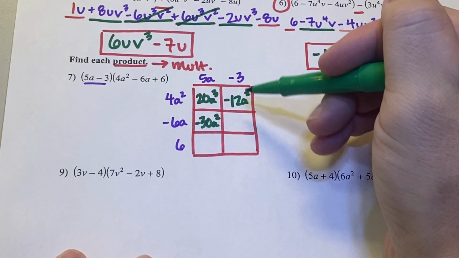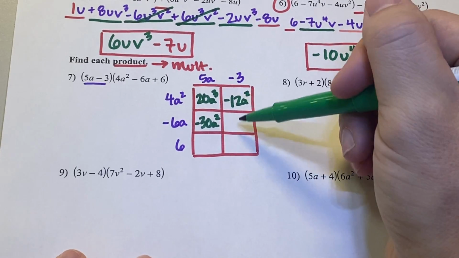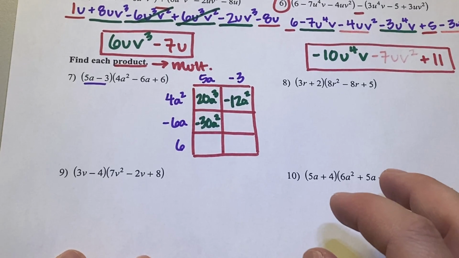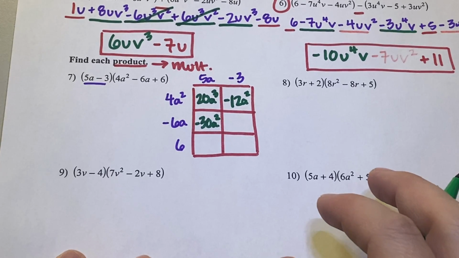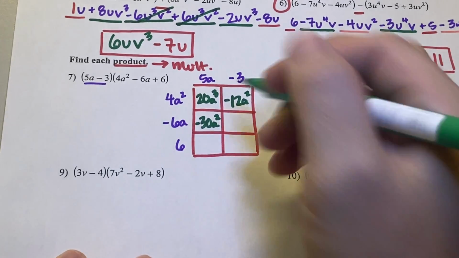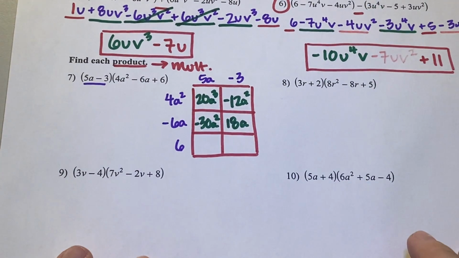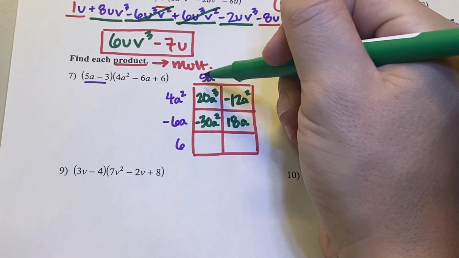Okay, my next box, -3 times -6a. Somebody other than Kaylee, give me an answer. What's a -3 times -6? 18. Thank you, Gabe. +18, and then just 1a was being multiplied, so +18a. Okay, we're almost there. We just have one more row. 5a times 6.